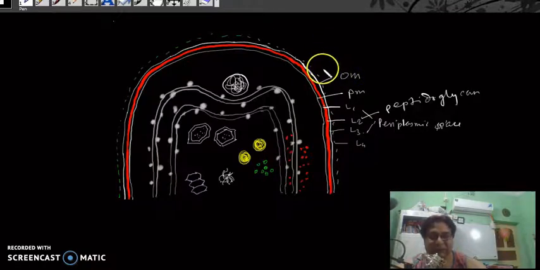Some of the species might contain a sheath-like body outside the outer membrane, and the organisms that contain a sheath also have another layer outside this outer membrane. This is called the S layer.